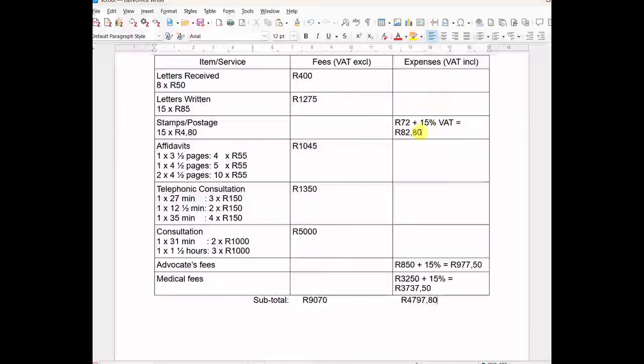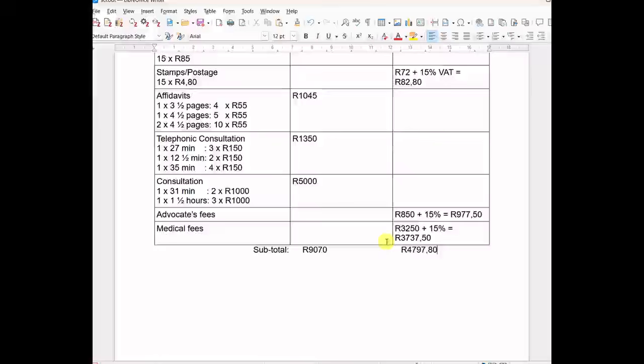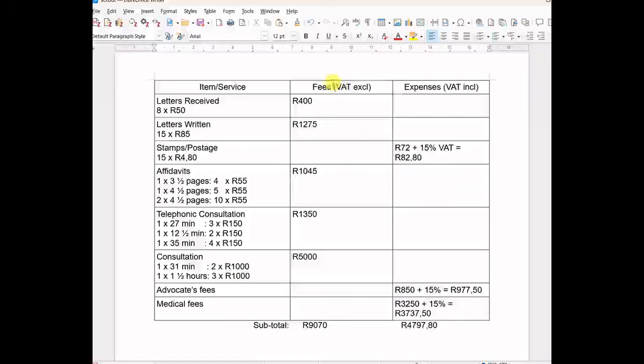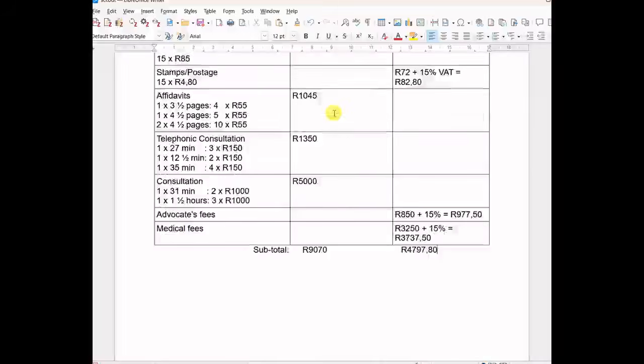Now our expenses already include VAT because we added the VAT there, we added the VAT and the VAT there. But what doesn't have VAT are our fees, because our fees are excluding VAT. So down here we need to add on 15% VAT. So let's go plus 15% VAT.